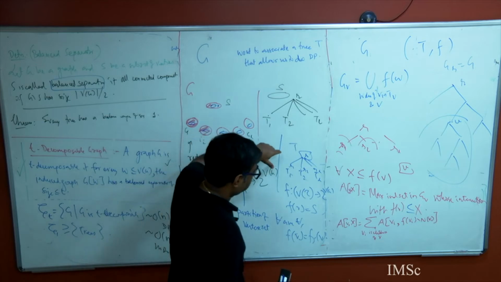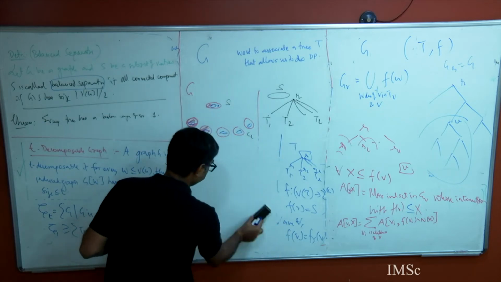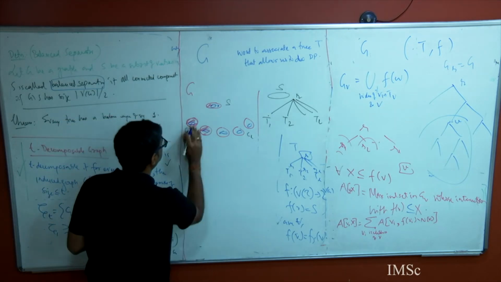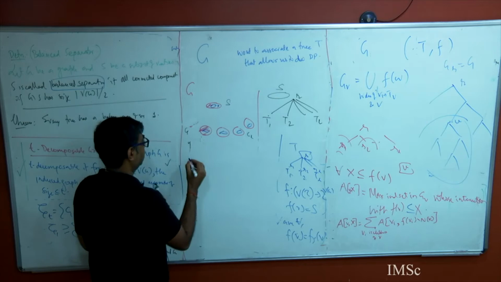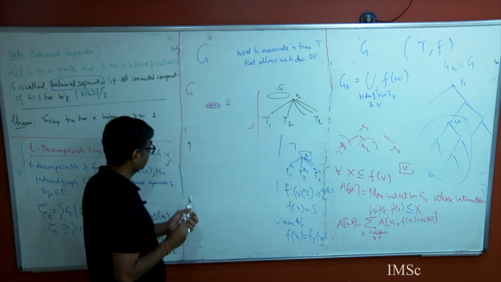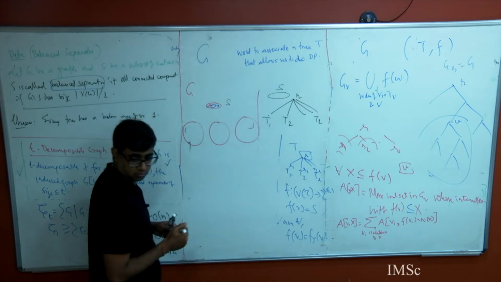Let's look at this, right? So you have some association, here you use X. Now, let's draw 3 connected components.